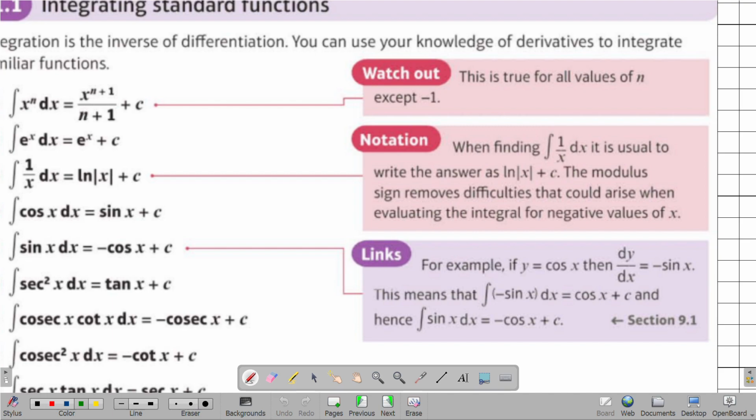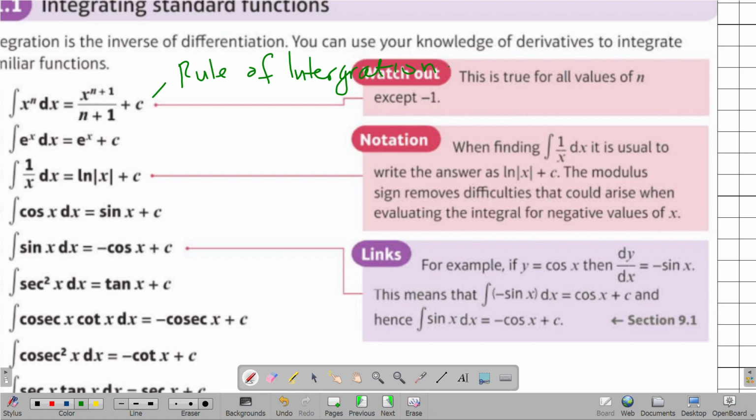So we've got standard functions of integration. The first one is basically the rule of integration. You normally don't find this anywhere, so you should just know that if we are integrating, we do the reverse of differentiation.